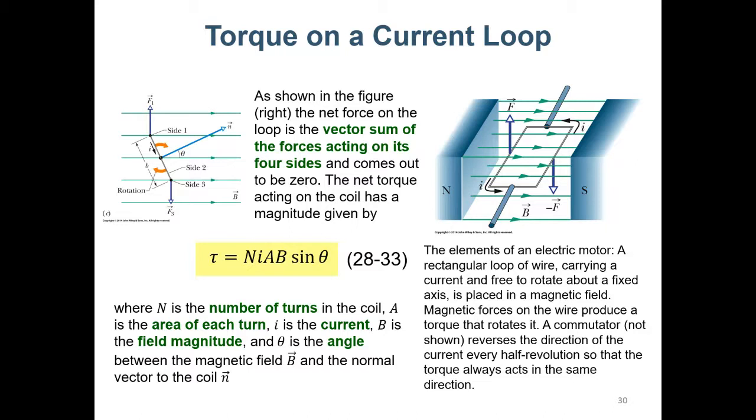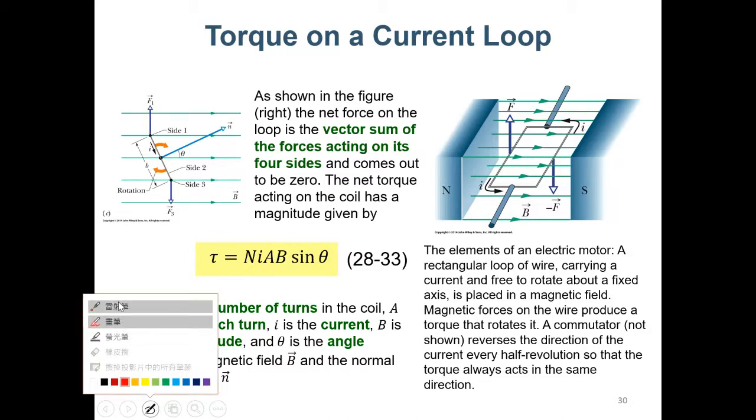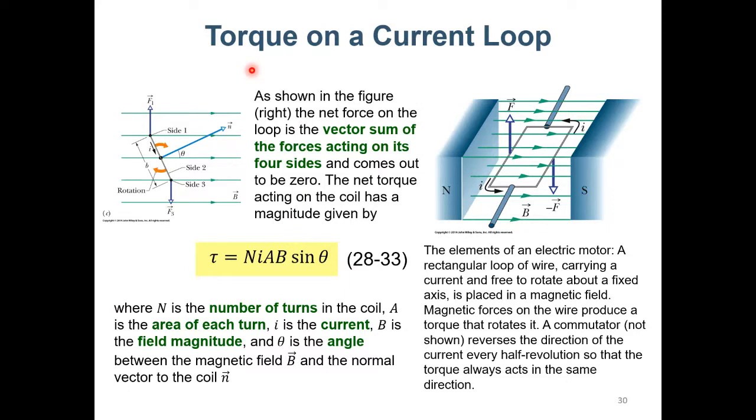Okay, so we talk about the torque on a current loop. So just now we know that if a wire has a current and there is a magnetic field which is not in the same direction as the wire, then you have a force.